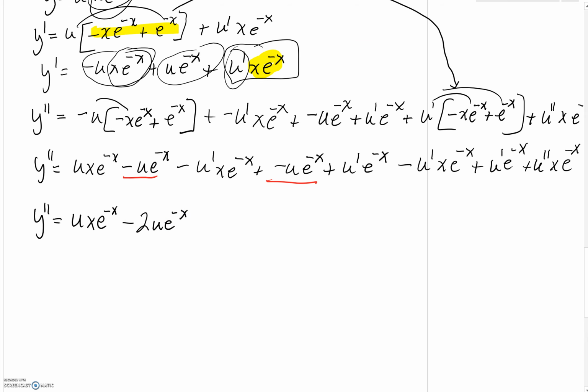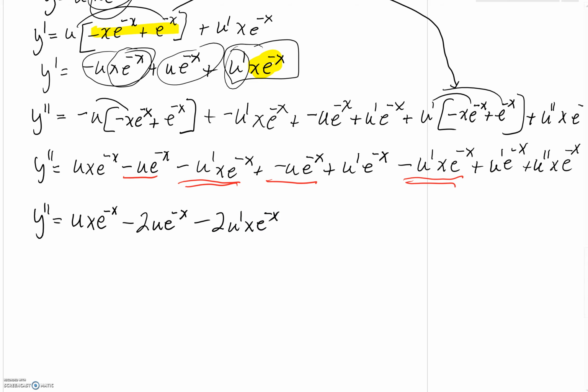And then we'll say, well, let's look for the next one. Look for a negative u prime x e to the negative x. And we've got another one of those right here, you can see. So that's rather nice. And we can say, hey, we can make that a minus 2 u prime x e to the negative x.